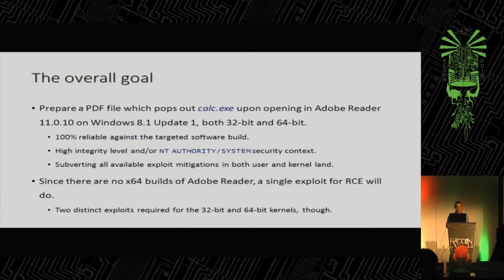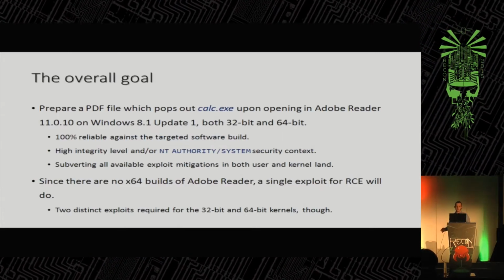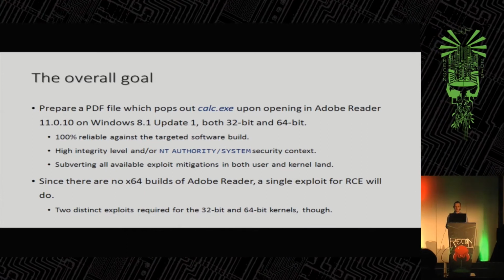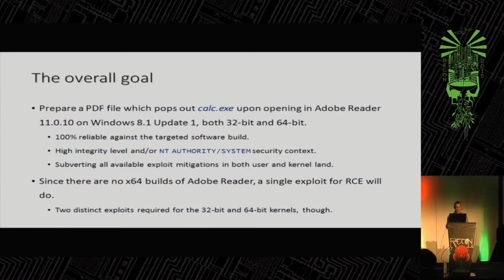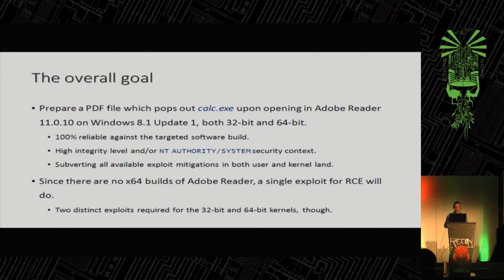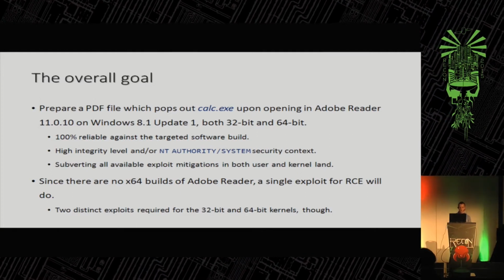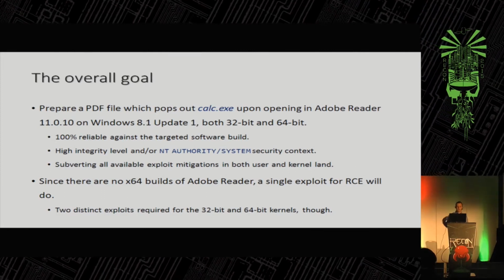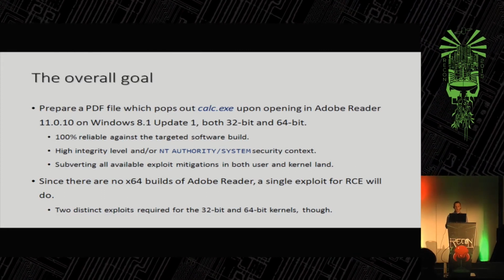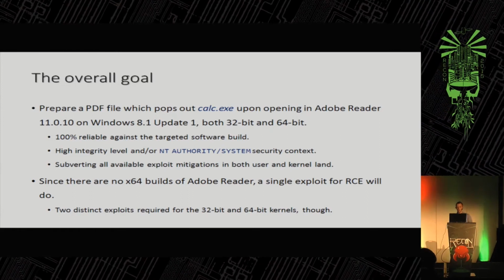Okay. So the overall goal would be to prepare a PDF which pops out calculator in the latest Adobe Reader that is affected by the vulnerability on Windows 8.1, for both 32-bit and 64-bit versions of Windows, make it 100% reliable, and achieve high integrity level, obviously, or an NT authority system security token for the calculator.